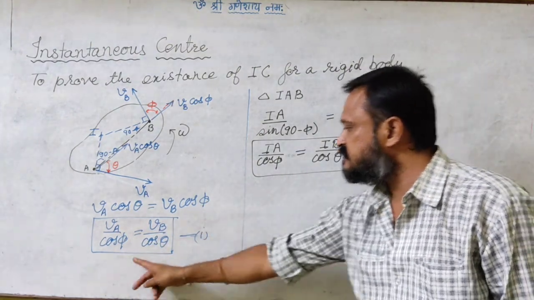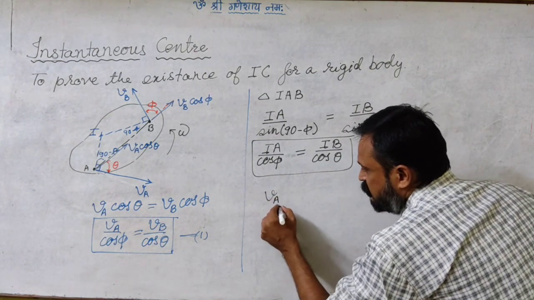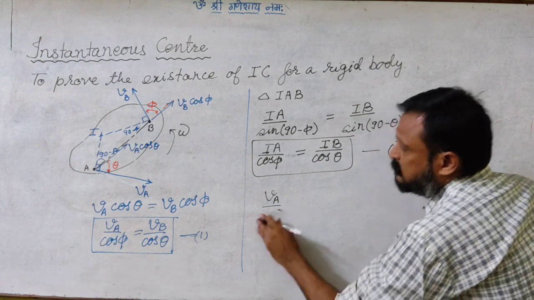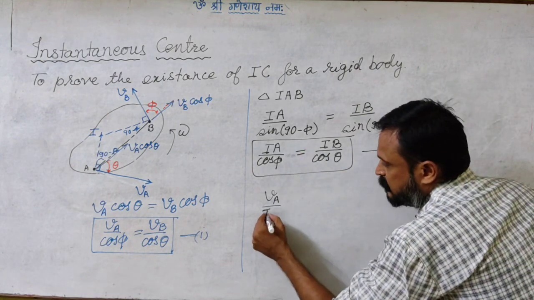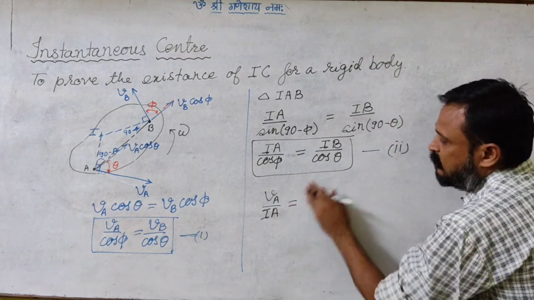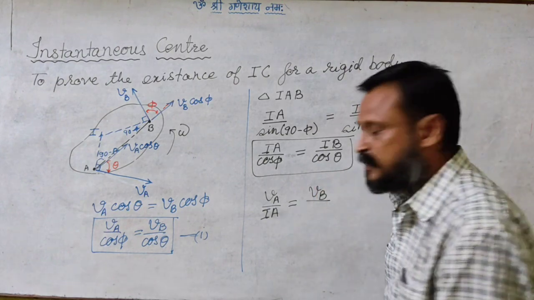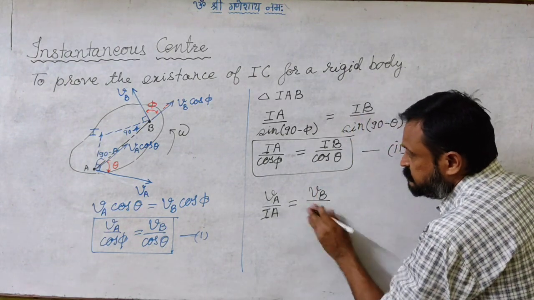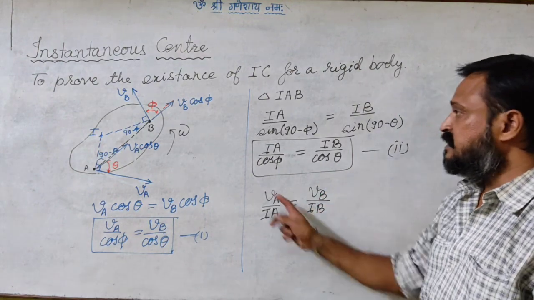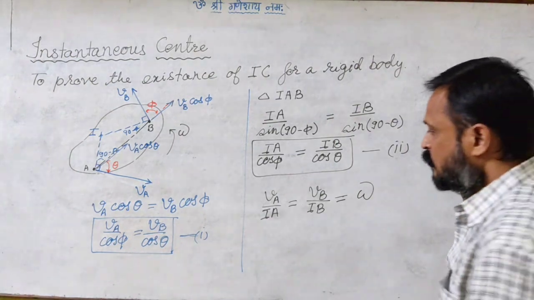When we compare these two equations, I can say that velocity of A upon IA will be equal to instantaneous velocity of B upon IB, and this will be equal to omega.